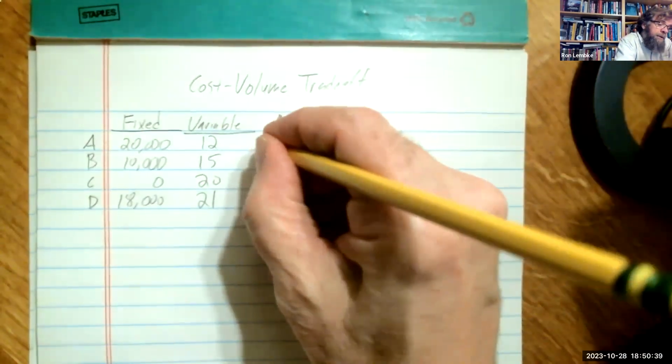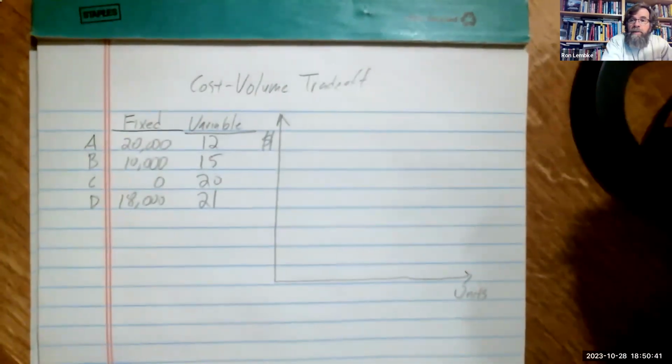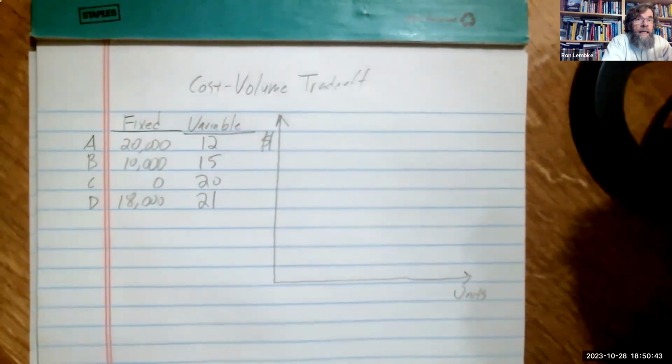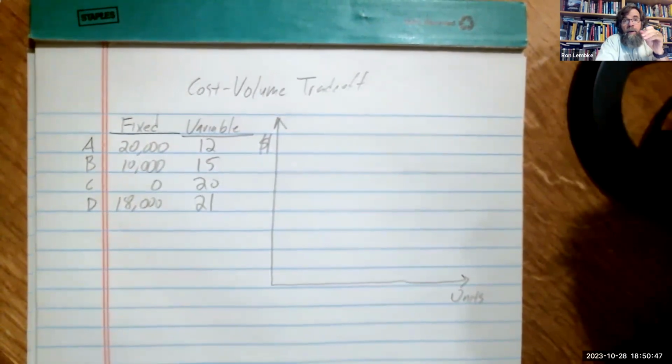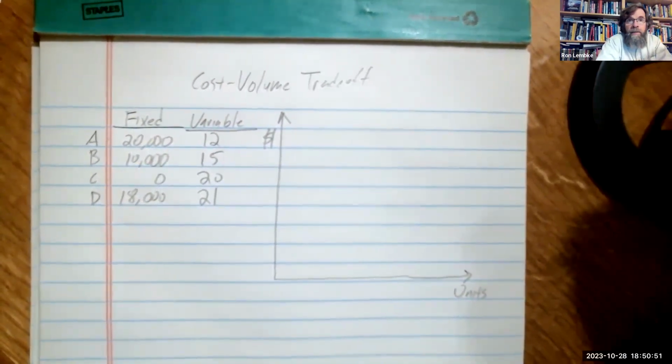And then on the vertical axis, we have cost, money. We could spend the time to make a very precisely accurate graph, but I think we can get to the answers we need without needing to spend as much time making a detailed graph.